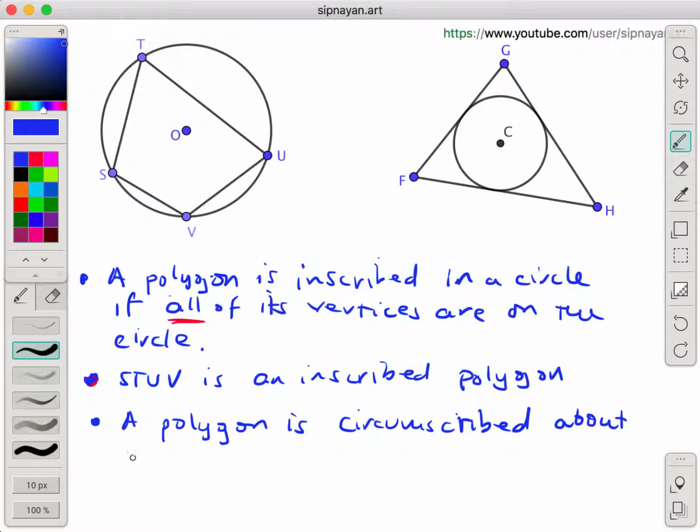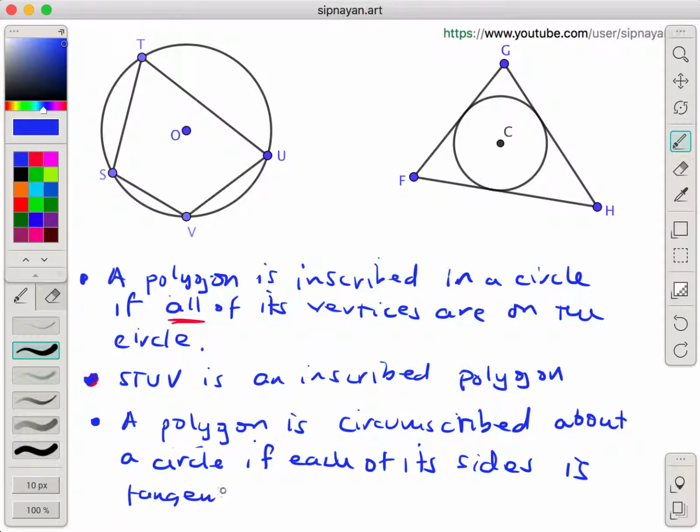A polygon is circumscribed about a circle if each of its sides is tangent to the circle. So you can see that all the sides of the polygon here are tangent to the circle. The triangle only has three sides.